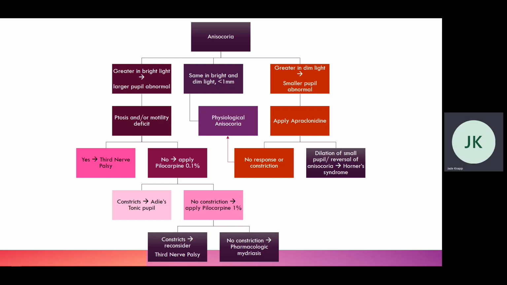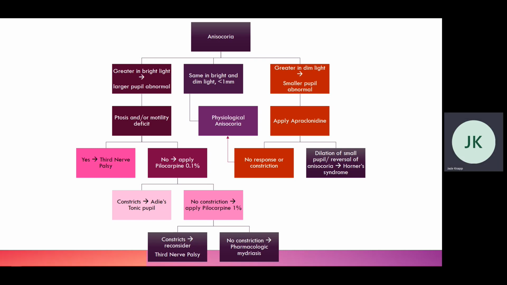So now you understand why apraclonidine is on this chart and why pilocarpine is on this chart, okay? If you don't get constriction to apraclonidine 0.1%, you're thinking, I don't think there's any signs of a third nerve palsy. We'll put in this dilute pilo, and if it constricts, it's Adie's. If it doesn't constrict, you've got to revisit the possibility of a third nerve palsy.